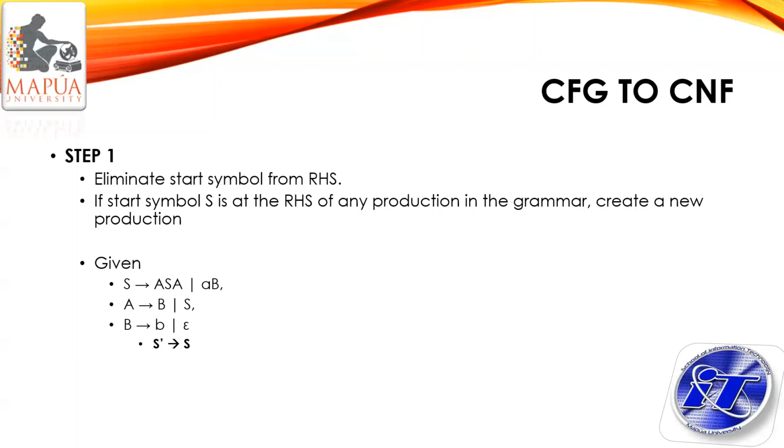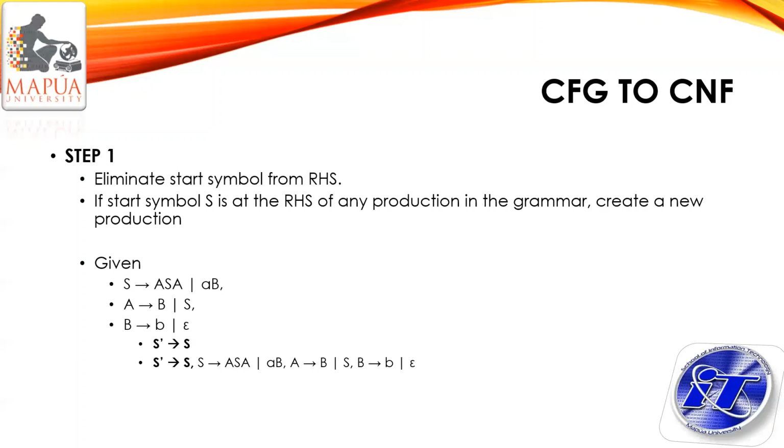Now S will not be the start symbol. As an effect, the new rules for the CFG include the new rule S prime yields to S, and then the three original rules. So that's step 1.